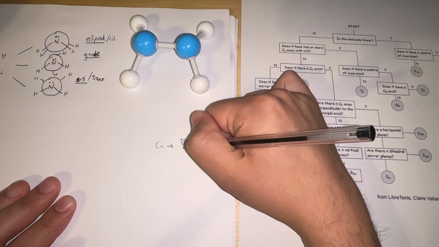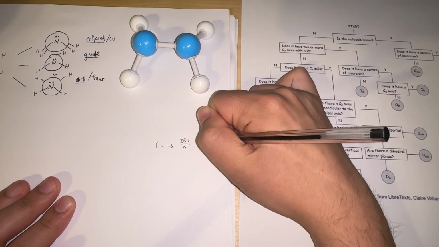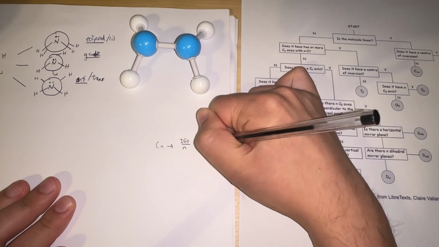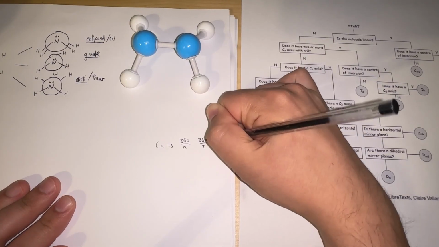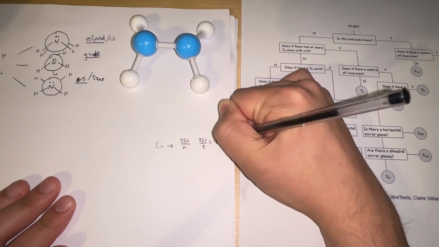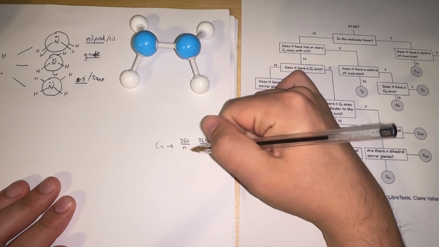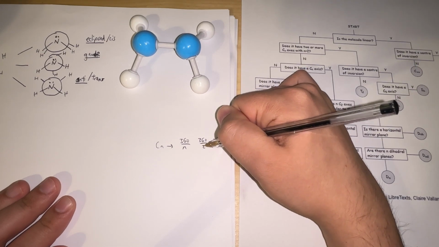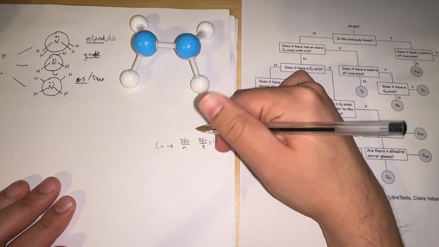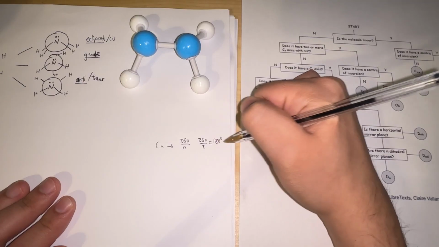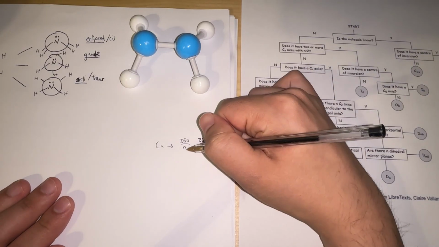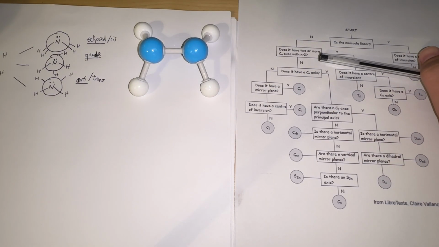So if n equals 2, then you can rotate it by 360 degrees divided by 2, which is 180 degrees, and it will look the same. Or if it's 3, then 360 divided by 3, which is 120 degrees, and the molecule will look the same. So that's where the n comes from. We do not have that.